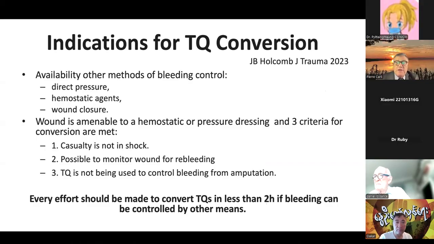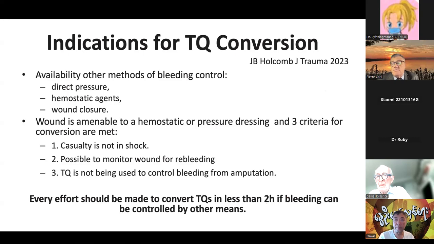It must be possible. The tourniquet is not to be converted if it is used to control bleeding for an amputation, because if you have a complete amputation of the limb and the tourniquet is just set to stop a major hemorrhage, no worry about the limb. The limb has already disappeared. The patient is intubated. So saving the limb is no more a subject.